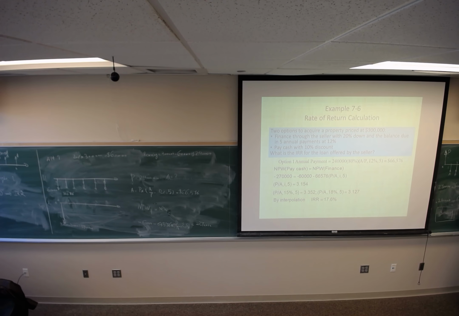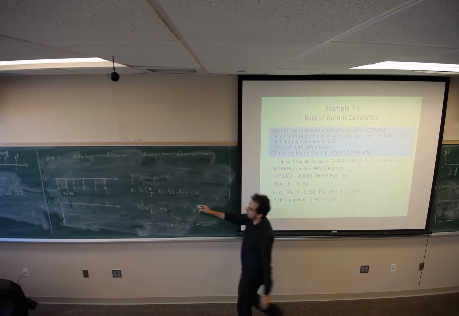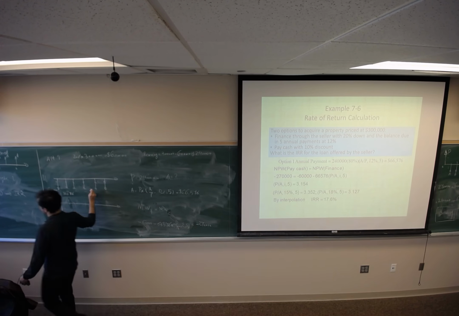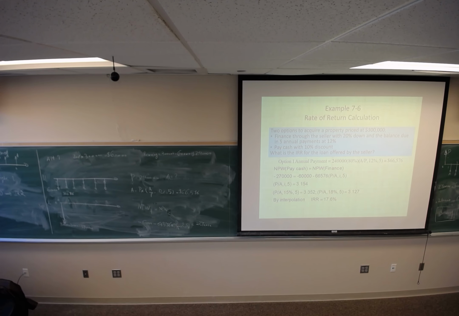So since the interest is too high for borrowing, you don't want to borrow money from the seller. You would like to finance this money from another source and not go with this option.